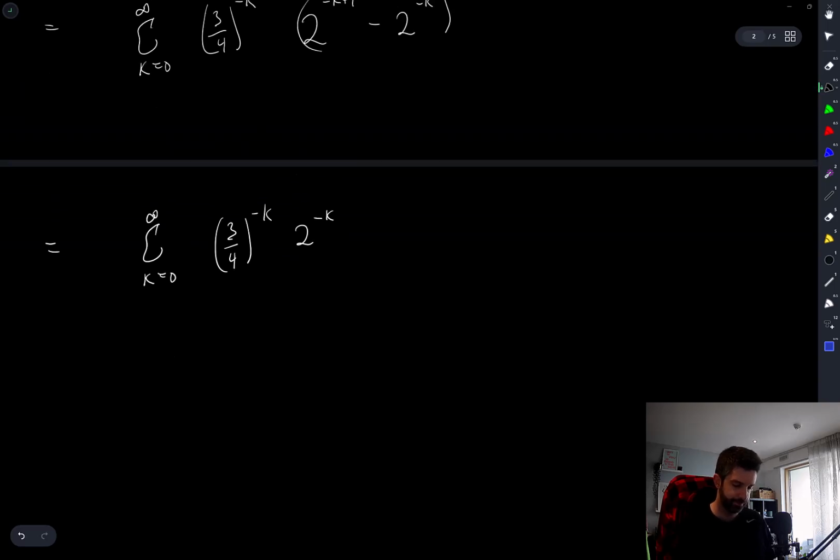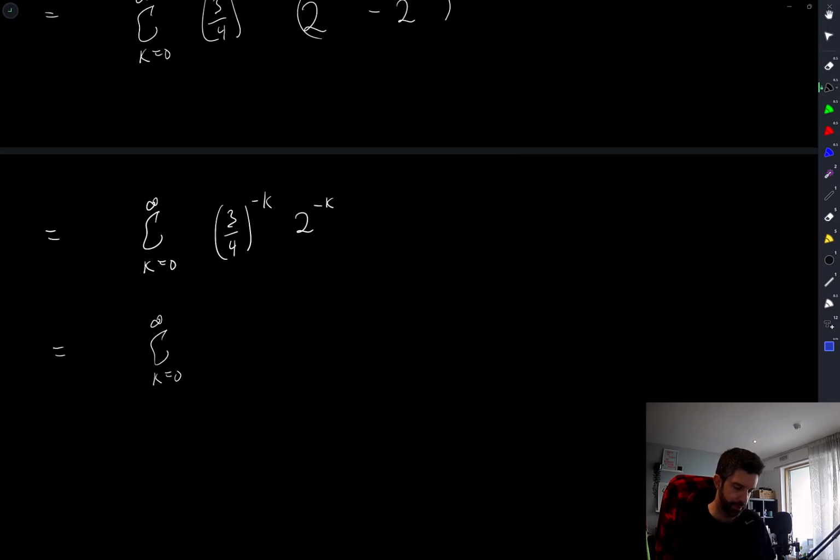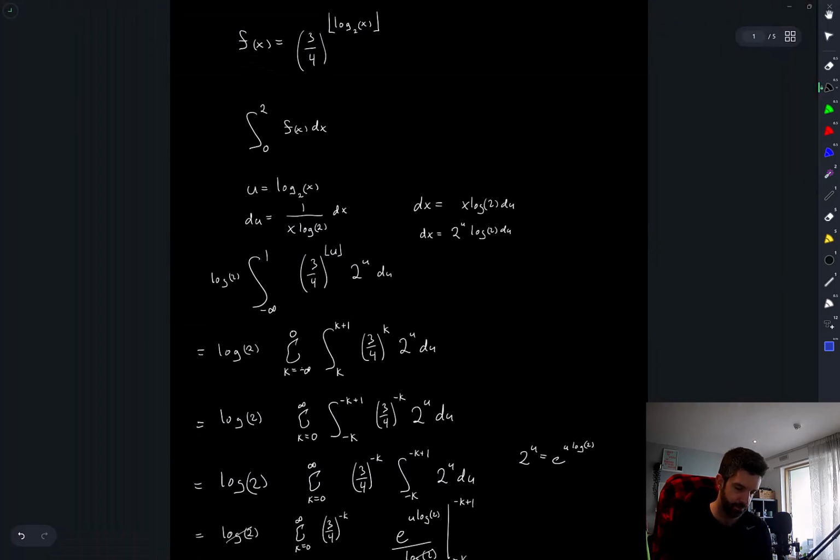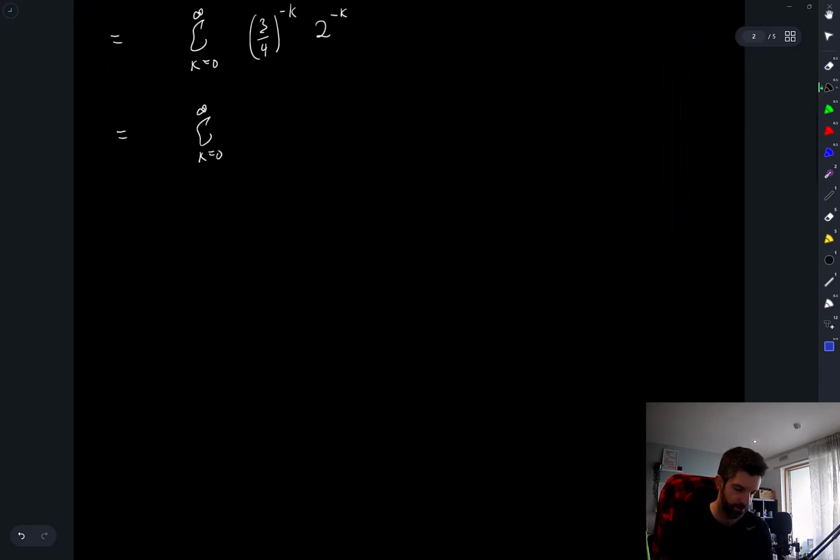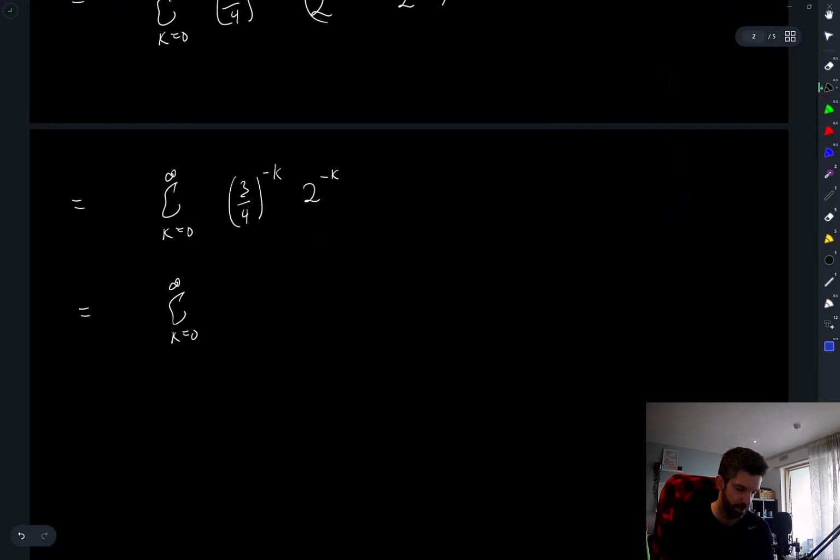Okay. So the sum, k equals 0 to infinity, of 3/4 to the negative k times 2 to the negative k.